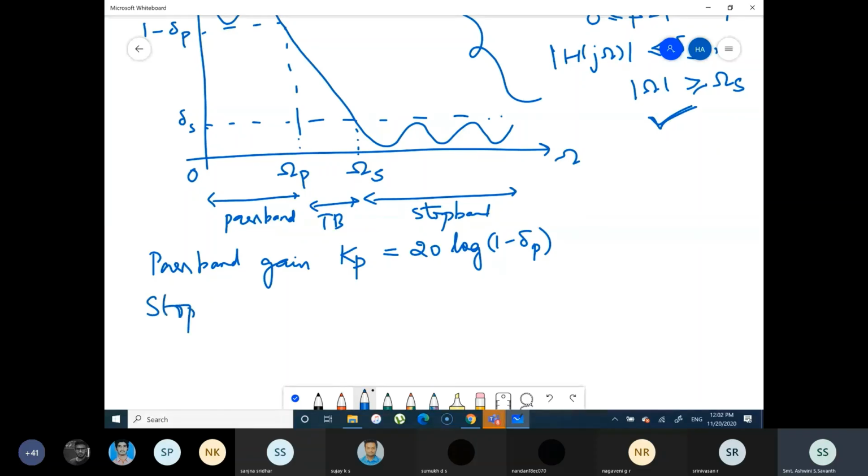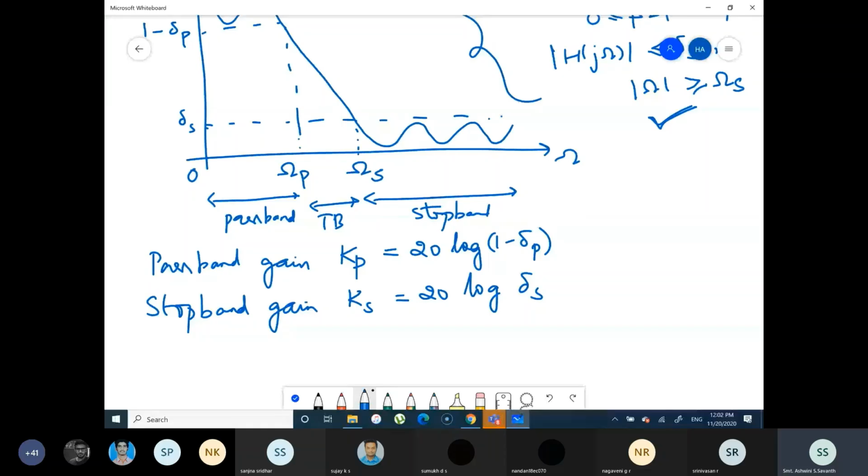Then the stop band gain. Stop band gain is denoted as Ks, and that is given as 20 log of delta S. And in the filter design, we use all these parameters, Kp, Ks, the decibel values.